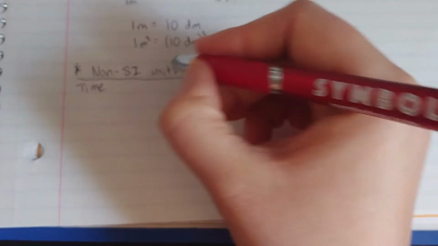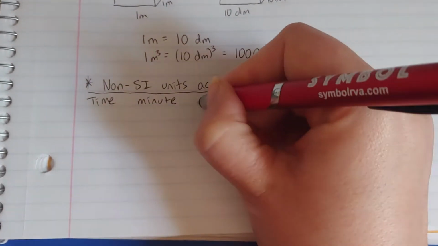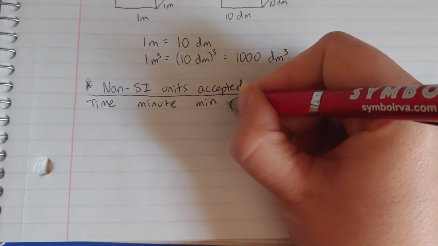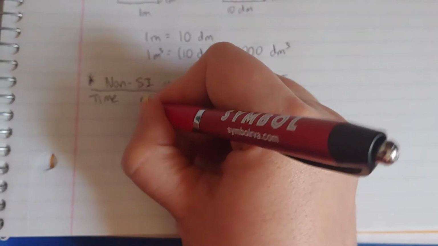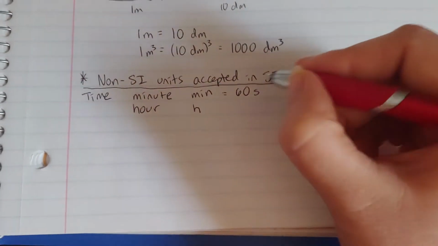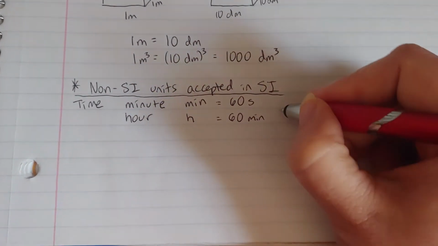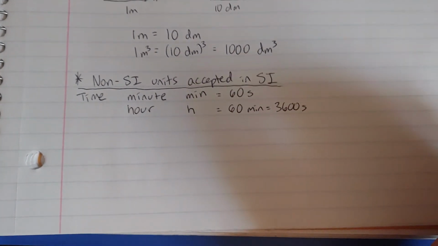For time, we do allow for the minute, which is MIN, and is equal to 60 seconds. We do have the hour, which is H, which equals 60 minutes, or 3,600 seconds.